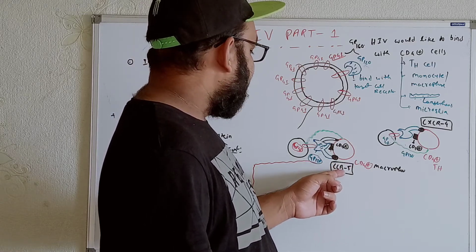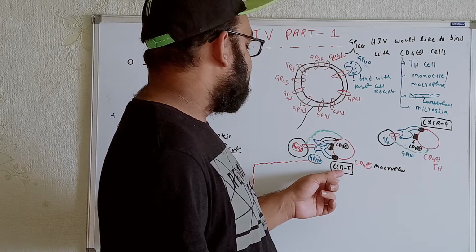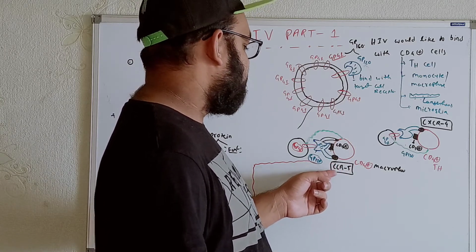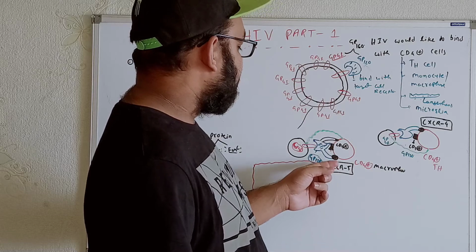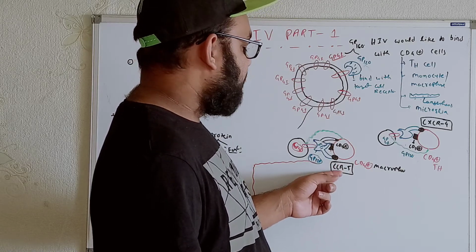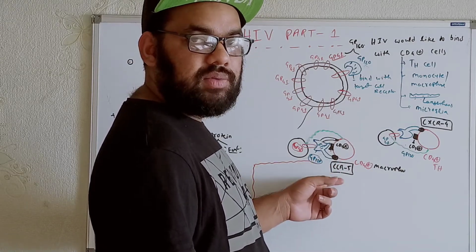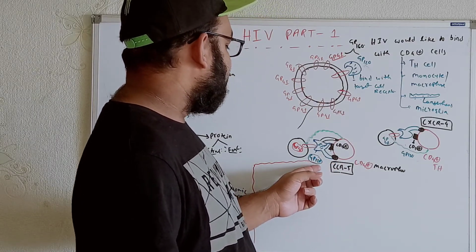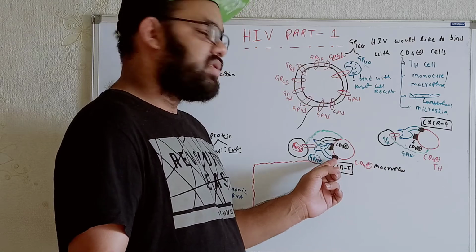These CCR5 mutations can be found within the North European populations. We can get homozygous mutations or heterozygous mutations. If you get the homozygous mutations over here, definitely the GP120 will not be able to get bound along with these structures.